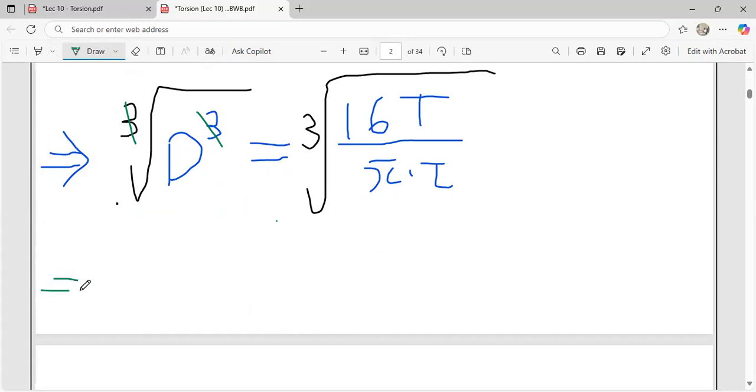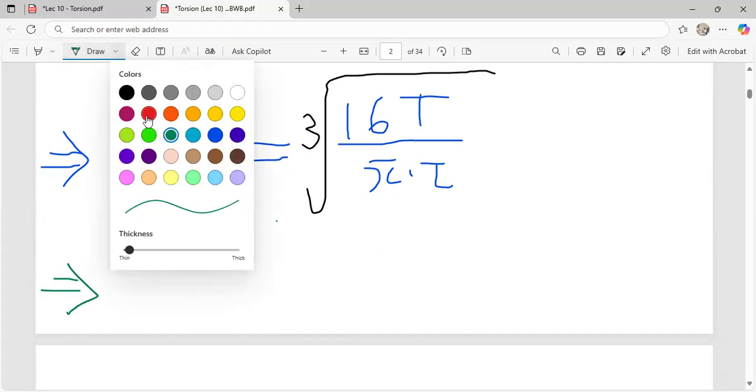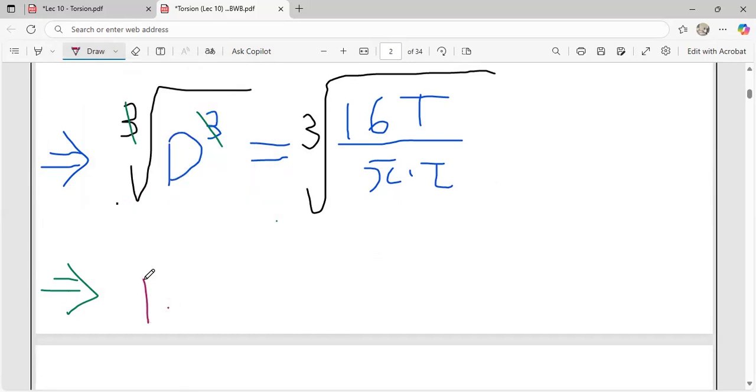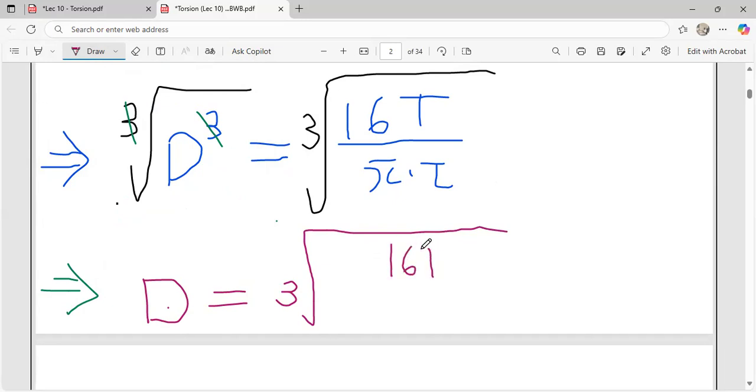Okay, so finally we can say that the d, our d we are looking for, is equal to the cubic root of 16t all over what?